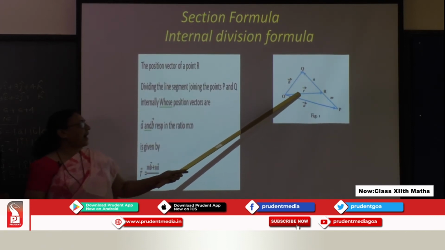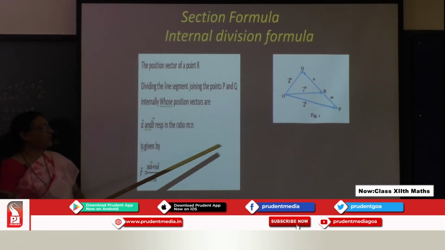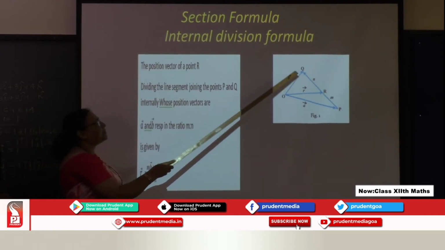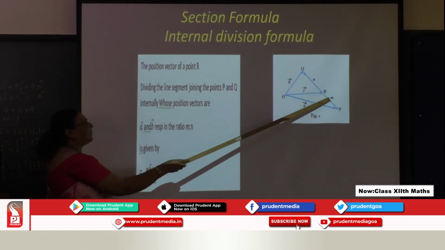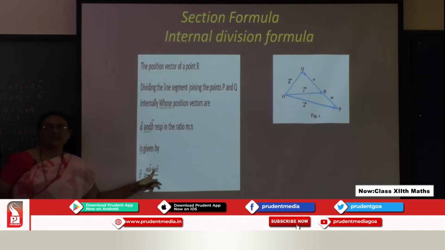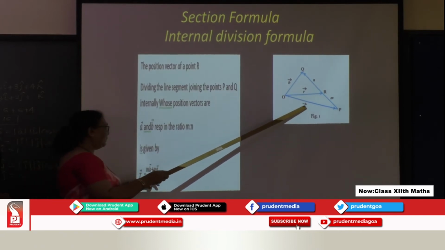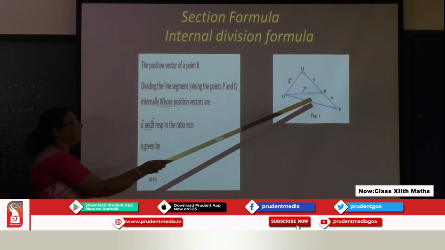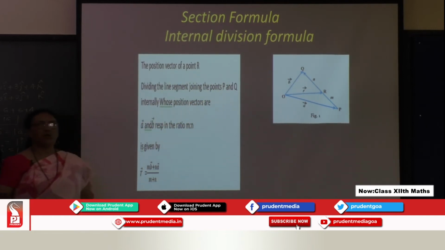Then the vector r bar is given by m times b bar, plus, because it is internal division, a plus sign will come, and n times a bar, divided by m plus n. So this is the internal division formula.